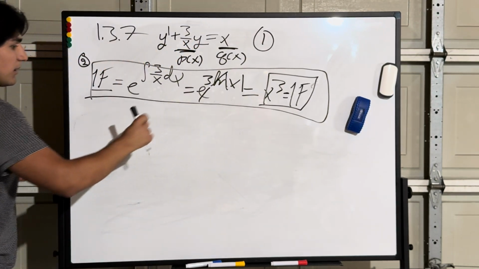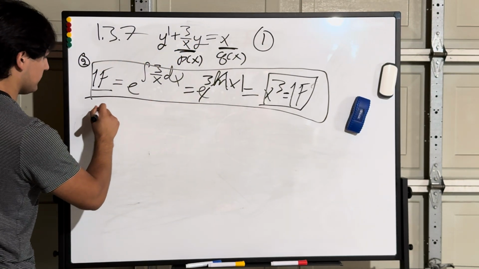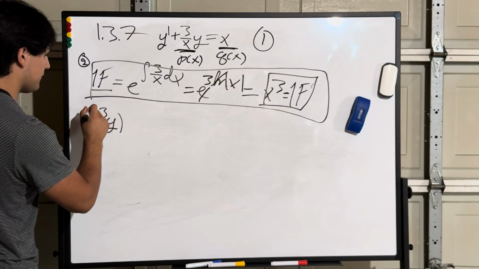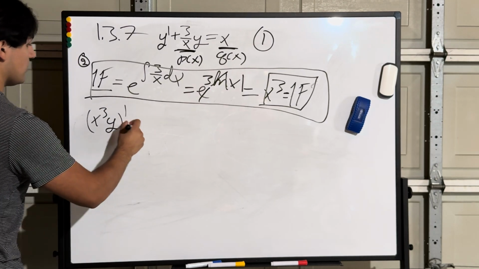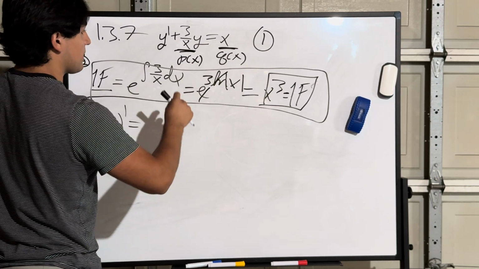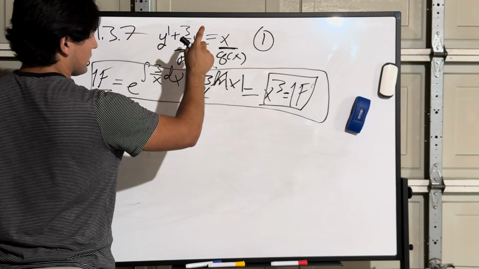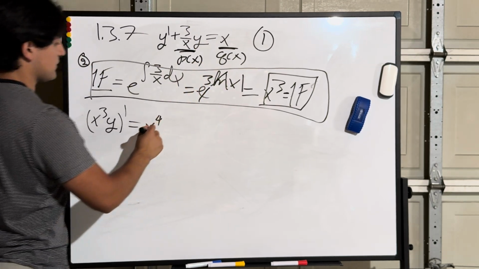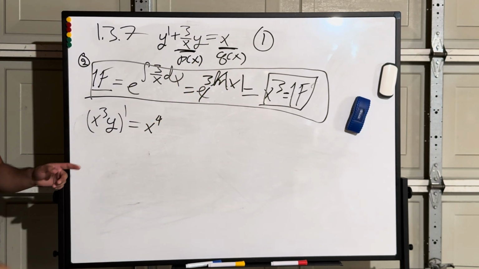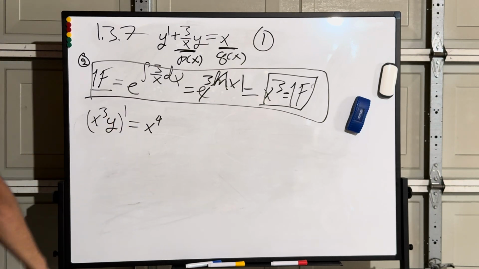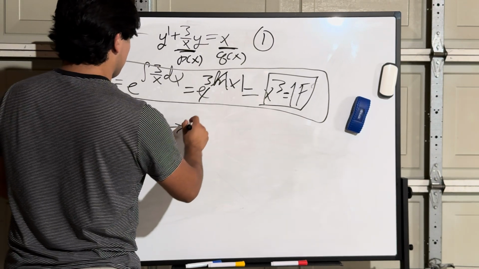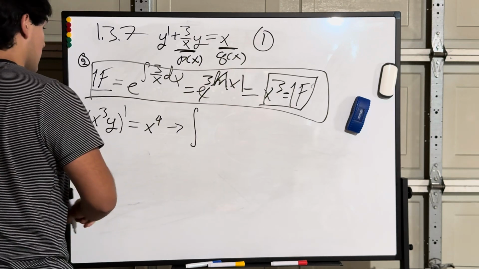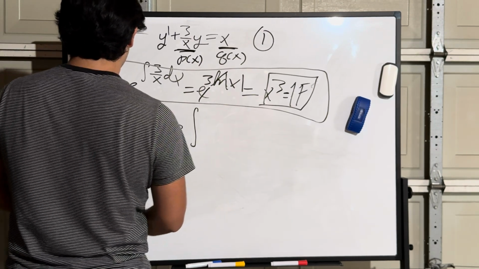Yeah, so remember we got the derivative of x cubed y equals x to the power of 4. So now we just want to get rid of this prime. So we integrate, get rid of that.